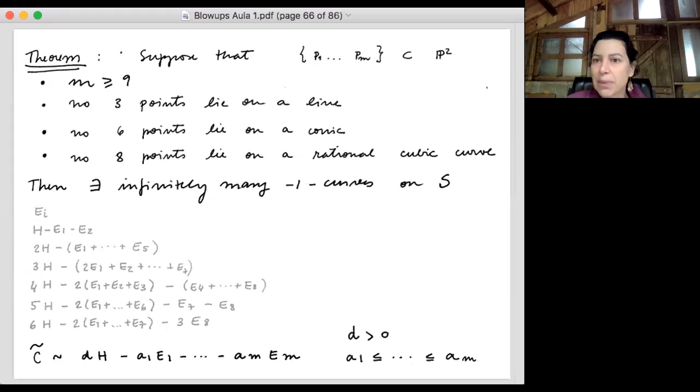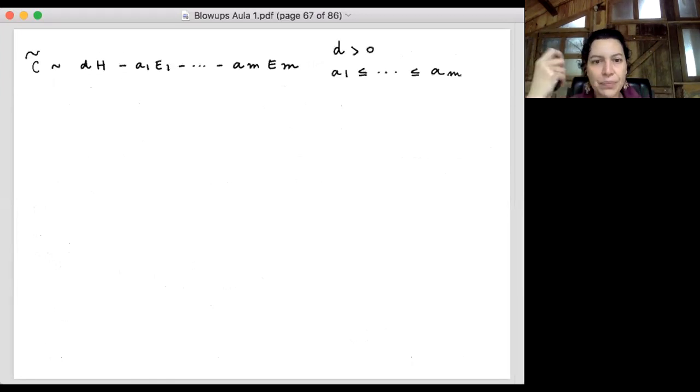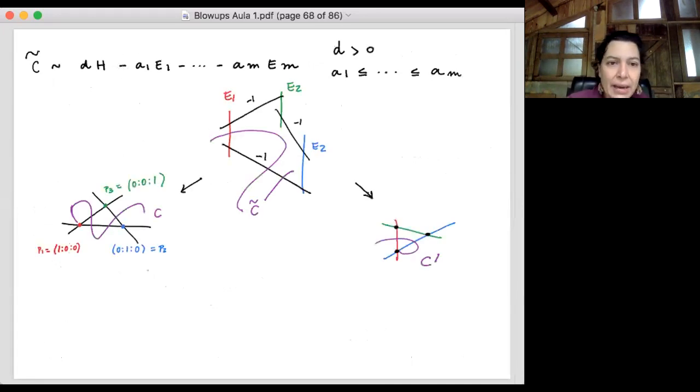Now I will explain how, starting from this curve C tilde, assuming that we have at least 9 points, we can construct another -1 curve of degree higher than D. And this is what we will do. I take the curve C on P2, the rational curve passing through the points PI with multiplicity AI.